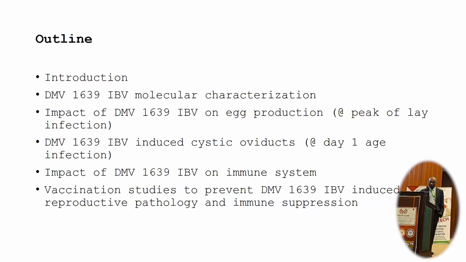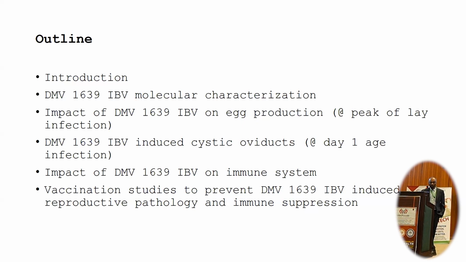As Dr. Kawaja indicated about precision vaccination, characterizing the field virus is really important. Then I'm going to talk about some pathogenicity studies, particularly the impact of the virus on egg production.